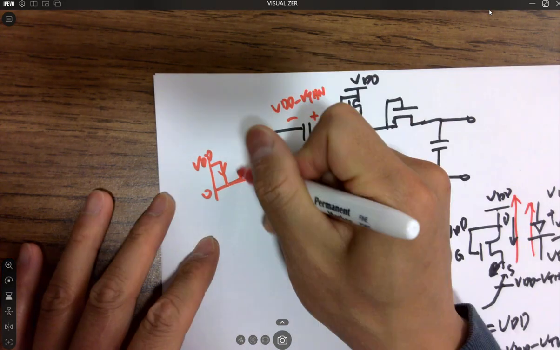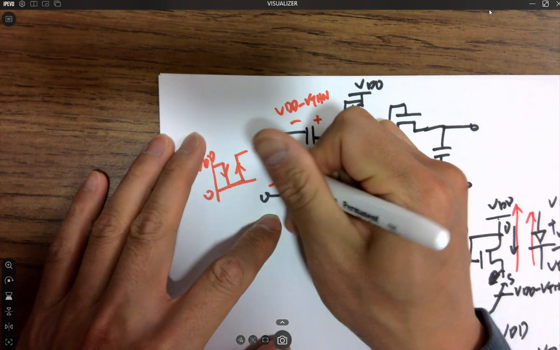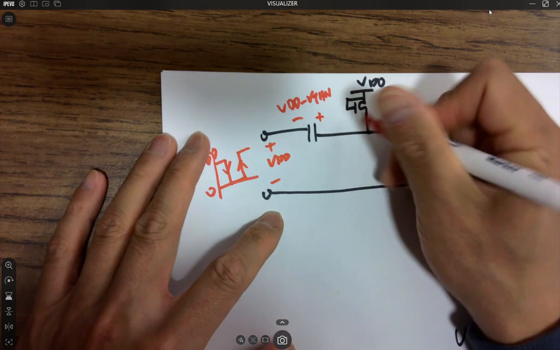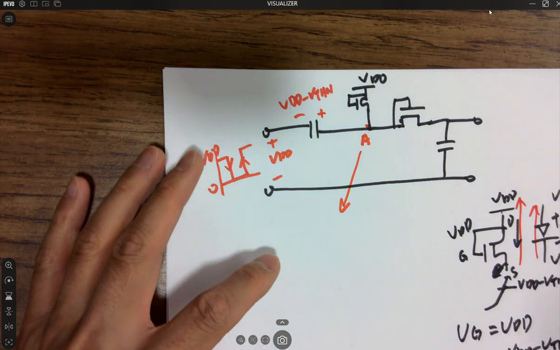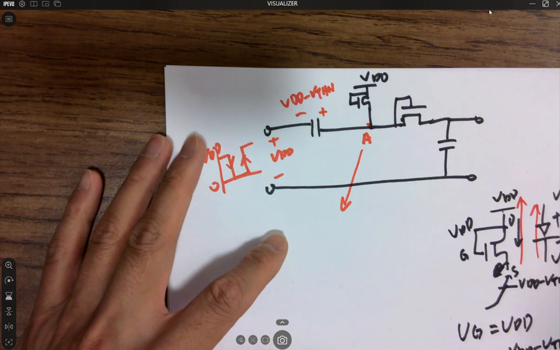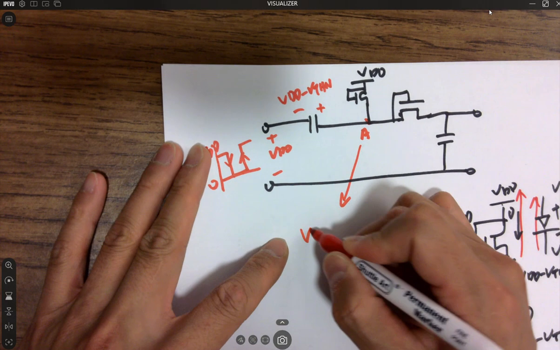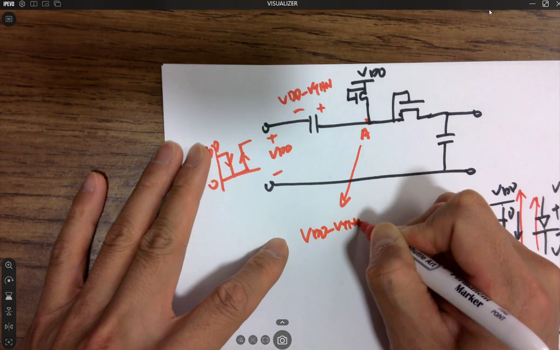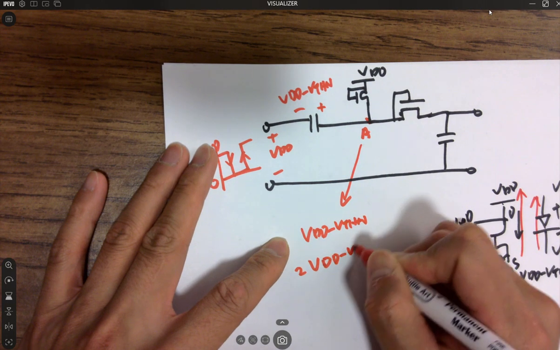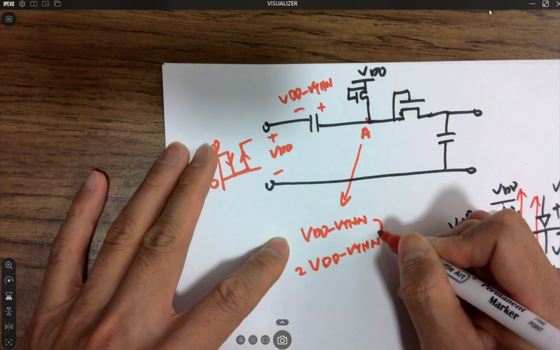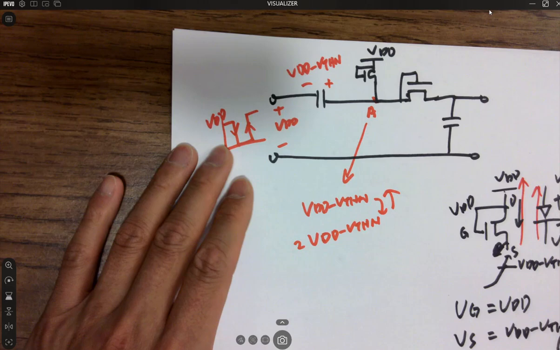And if this goes up at a certain time, it will add a VDD to it. So this point A will change from where to where? VDD minus VTHN to 2 VDD minus VTHN. It's going to oscillate between these two voltages, very similar to the previous example.